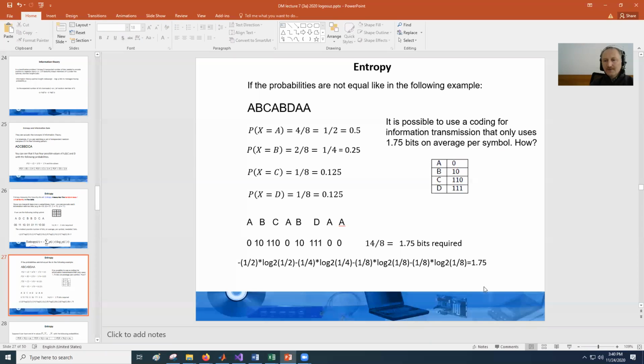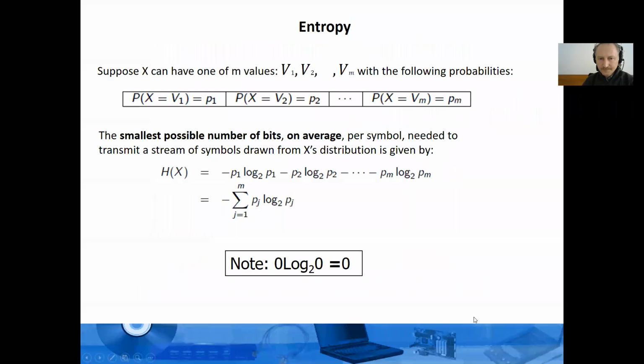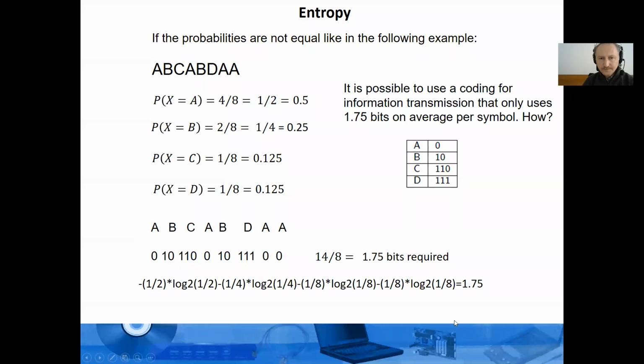Yes, 1.75. You can do this calculation in MATLAB or in Python, and you can do all these calculations. So if you want to send these symbols from this place to another place, minimum you need 1.75 bits of information.